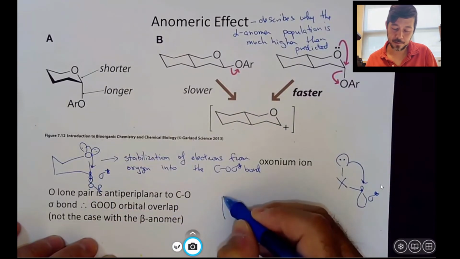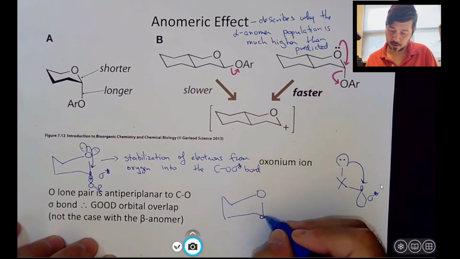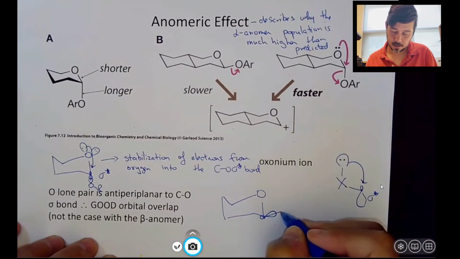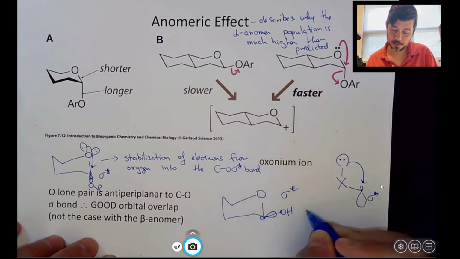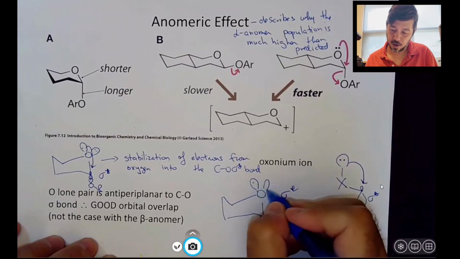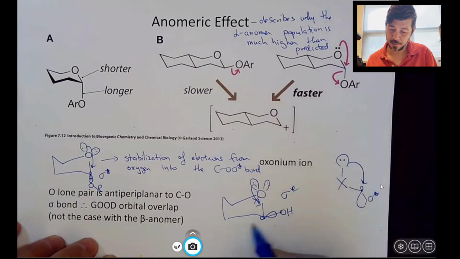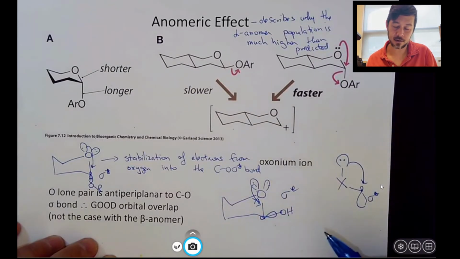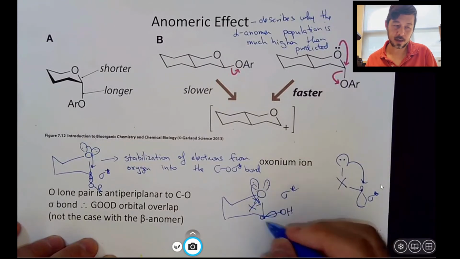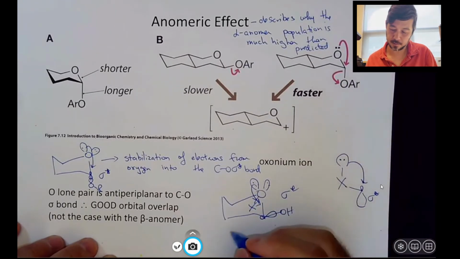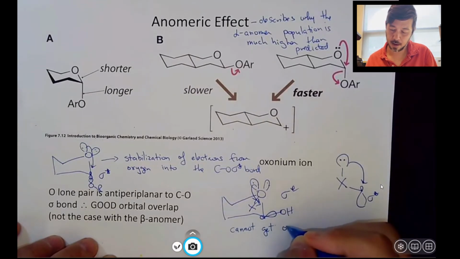However, if you have the beta anomer, your sigma star bond will now be facing this way, and no matter how you try, you cannot get overlap coming down into something that is antiperiplanar to that carbon-oxygen bond. So you're not going to get electron donation and stabilization. You cannot get overlap.